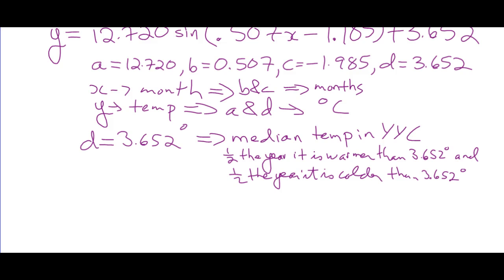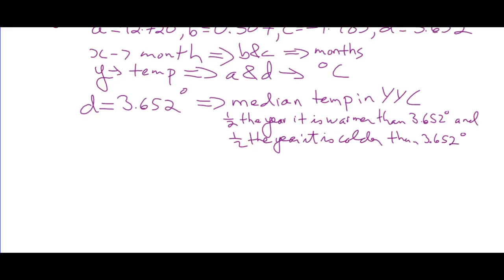Okay, what's A? Or what does it mean? The number A is right there. It's like 12.72. So what's the 12.720? Difference from the average, right? So what's the maximum temperature in Calgary?